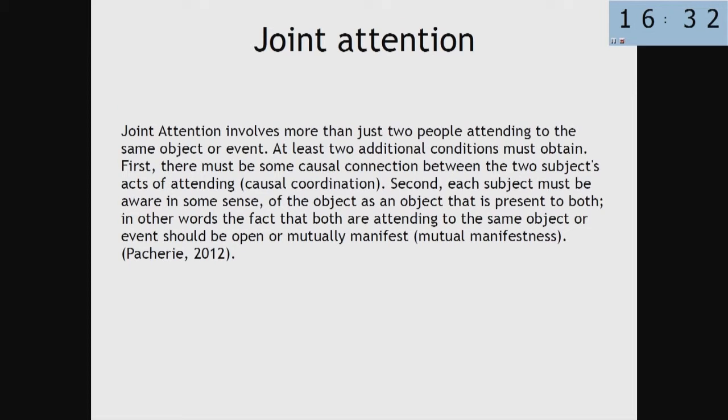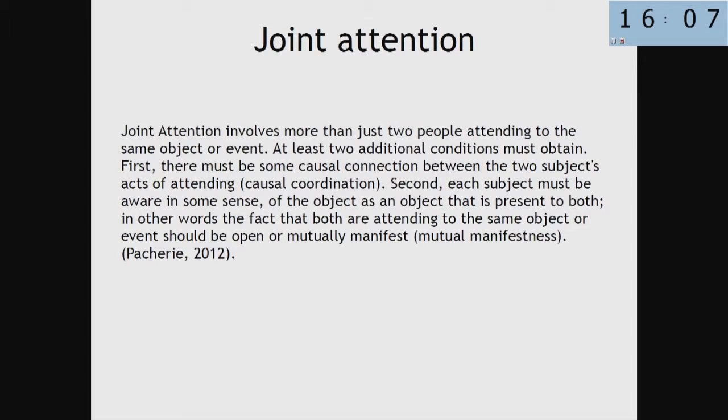But in fact, what Elisabeth Pacherie said is that joint attention involves more than just two people attending to the same object or event. She said that at least two additional conditions must be met. The first one is that there must be some causal connection between the two subjects' acts of attending, that is, causal coordination.